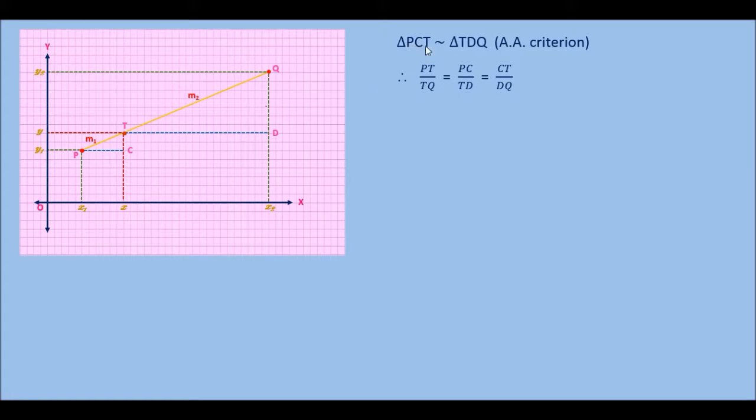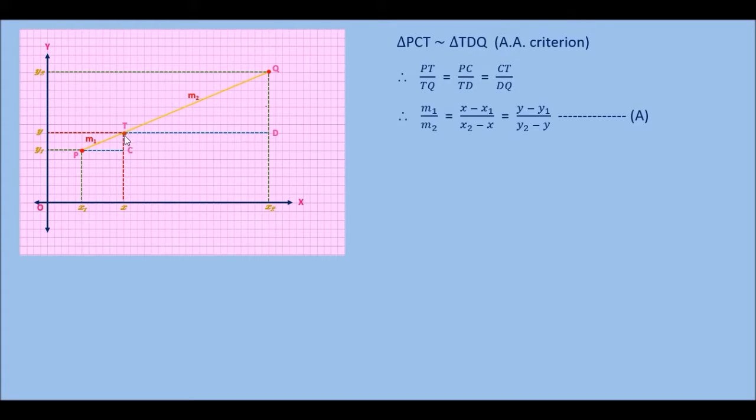Next is PC, the first and the second letter of this triangle. So the denominator will be the first and the second letter of the other triangle, that is TD. Now the second and the third letter, CT. So for the denominator, it is DQ, second and the third letter. Now what is PT?